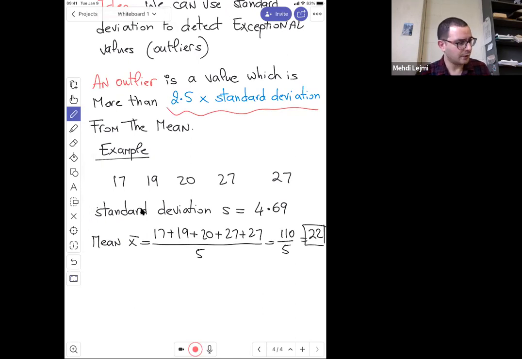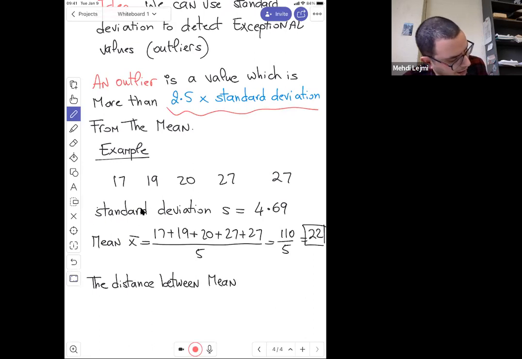So in this example, what would be 2.5 times the standard deviation? The distance between the mean and an outlier is 2.5 times the standard deviation. By convention, that's the number we use to detect exceptional values.